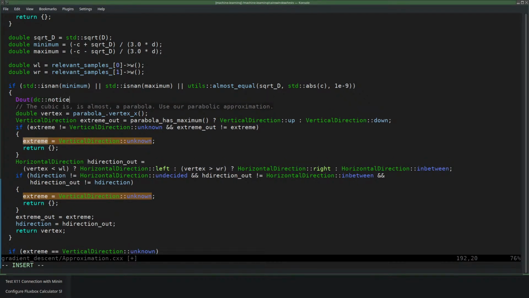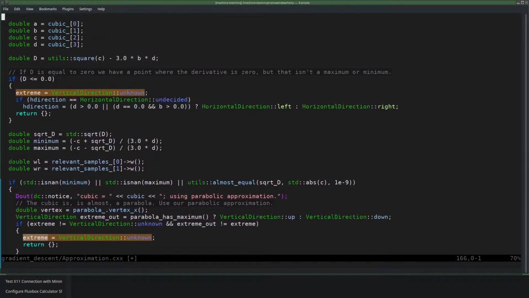Otherwise, I don't know if the code is even used. Cubic is cubic. Cubic underscore.